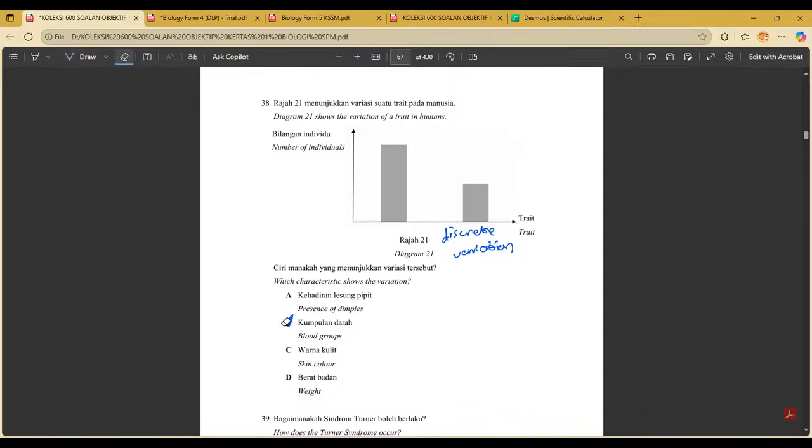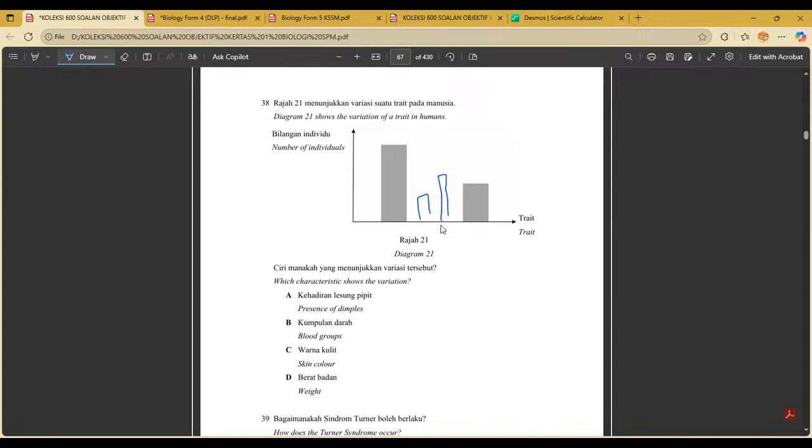I guess blood groups have 4, while presence of dimples is a simple yes or no question. If it's blood groups, I guess there would be another 2 bars here. But this one is a 2 thing, it's a yes or no. This is A, B, O, not C. This is continuous and this is also continuous.